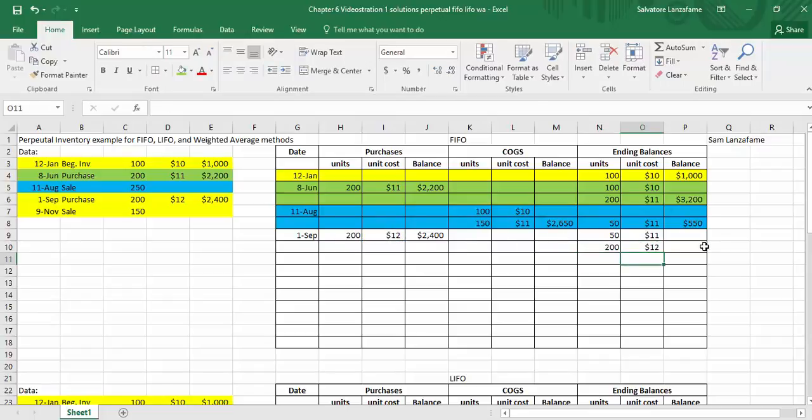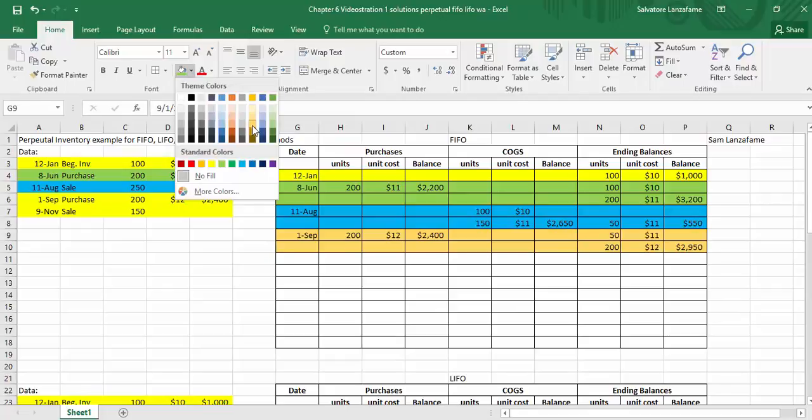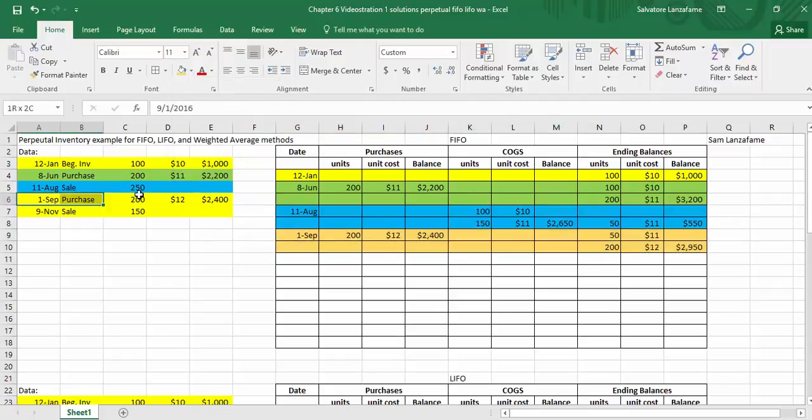So now my inventory total, 50 times 11 plus 200 times 12. And my new balance is $29.50. So let's give that a color. Just change it up. Go with that. So now I have an inventory 50 at 11, 200 at 12.